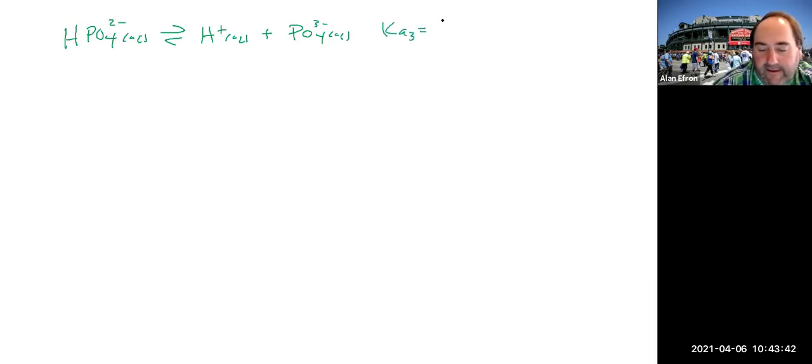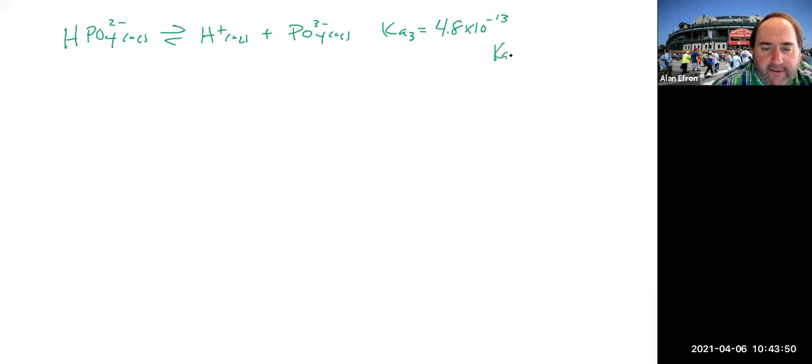In the third step, HPO4 2 minus is going to drop off that third H plus, and now we are going to form phosphate here. That is going to be taken care of by a Ka3 value, which was 4.8 times 10 to the minus 13.